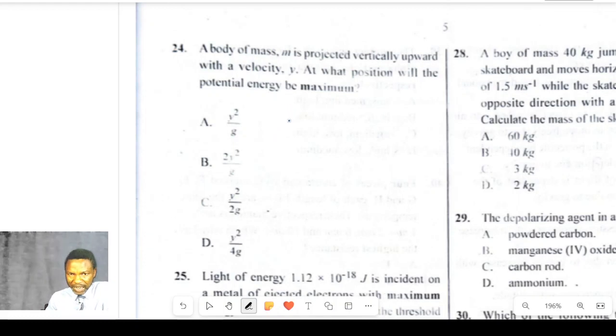So if you look at the kinetic energy, kinetic energy will be equal to potential energy. So half m y squared equals mgh.